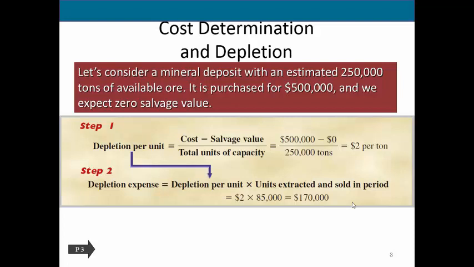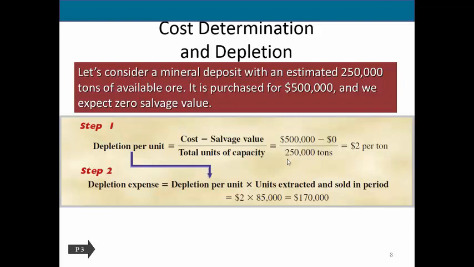You're going to recognize this formula: cost minus salvage value divided by the total units of capacity. Very similar to what we were doing with units of production. So 500,000 minus 0 divided by the total number of tons tells us that as we deplete or use up these tons of ore, we are going to deplete those at $2 per ton.